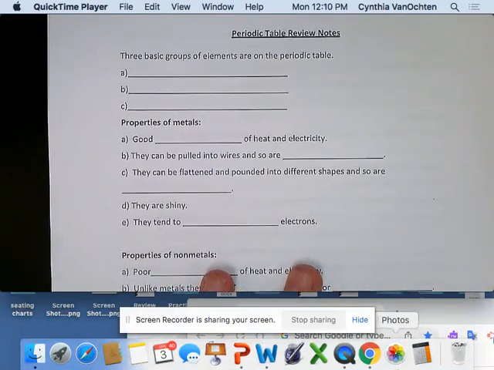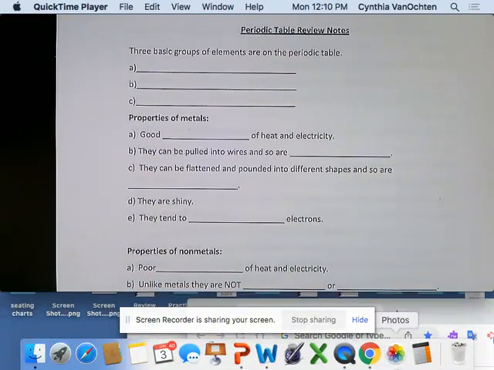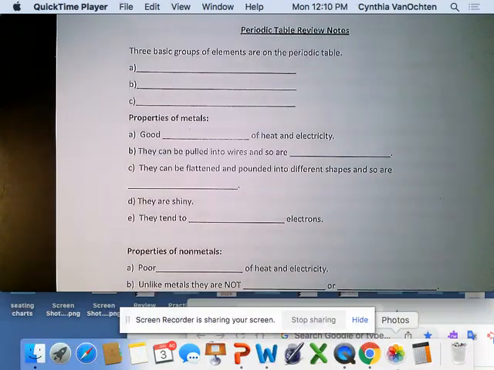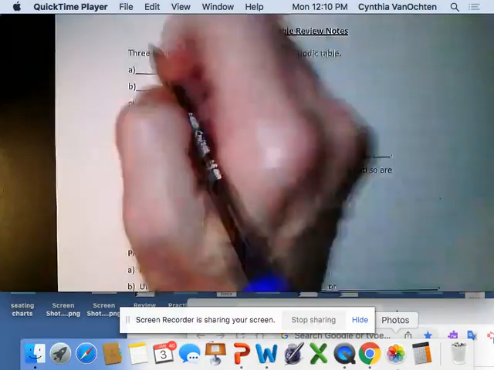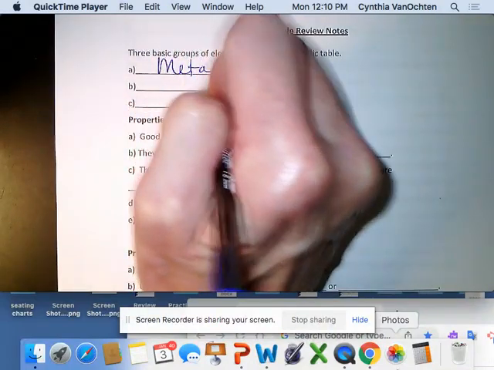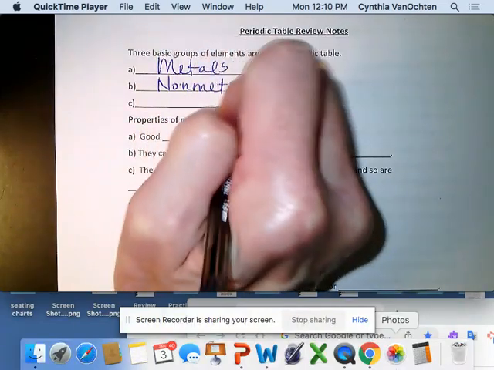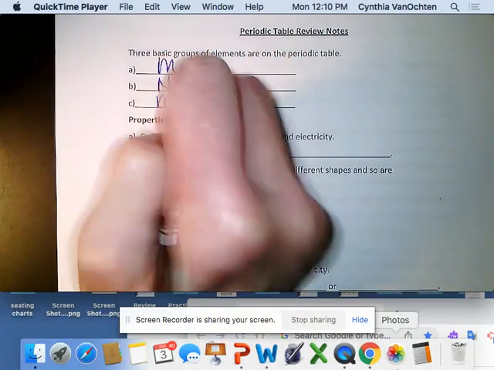So we are going to just kind of review the concepts we were talking about before break. Let me know if I'm going too fast or you can't read my writing. So 3 basic groups that you need to be familiar with from your periodic table are your metals, your nonmetals, and your metalloids.